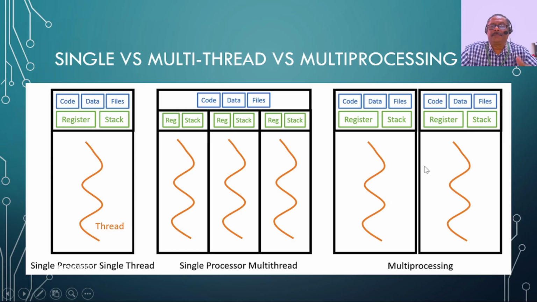But in case of multi-processing, each one is a separate process, so each process will have its own memory space which is going to accommodate code, data, files, register, stack and all that. So this is one process, this is another process, and in this case each process is working with a single thread. It can also be that each process has multiple threads.